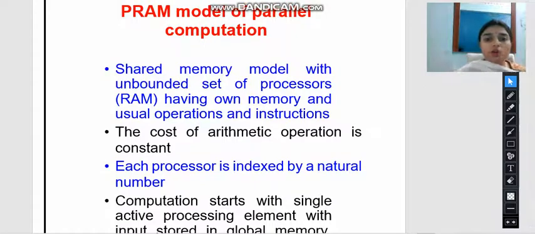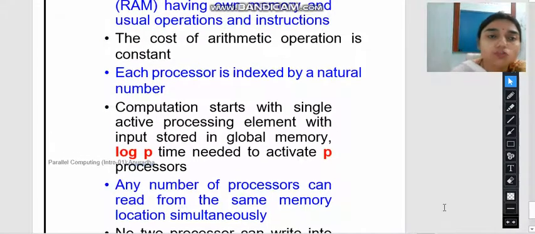Let's see. Here is the shared memory model with an unbounded set of processors, which have their own memory and the usual operations and instructions. Here the cost of an arithmetic operation is constant.